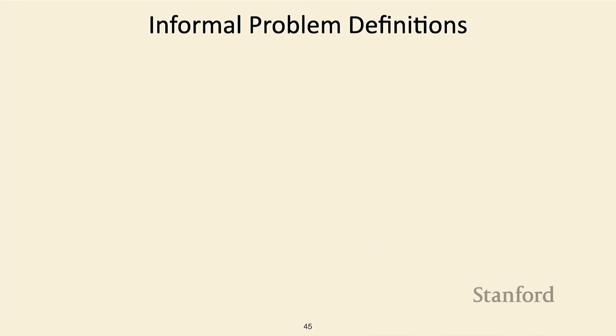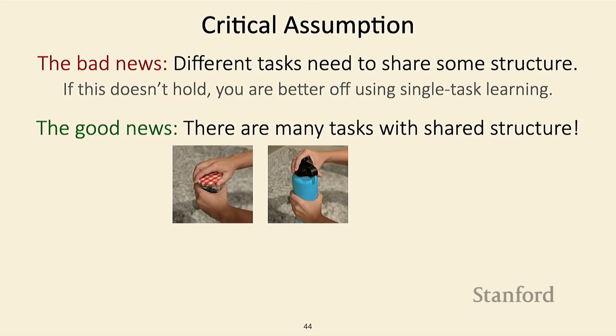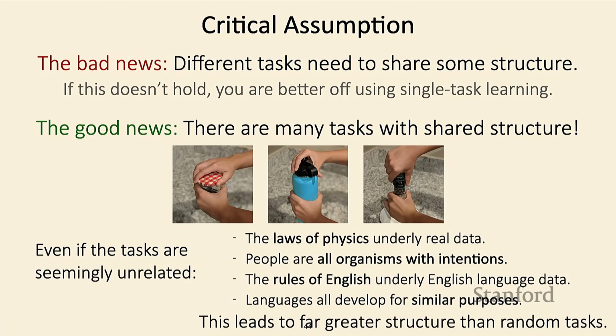Now, question? For a model like Gato that was trained by DeepMind, it was able to handle both, let's say, language and images. So what is the shared structure in that, and how is the model learning in that case? Yeah, so the question is, in a model like Gato, which was doing tasks involving both language and images, what is the shared structure there?